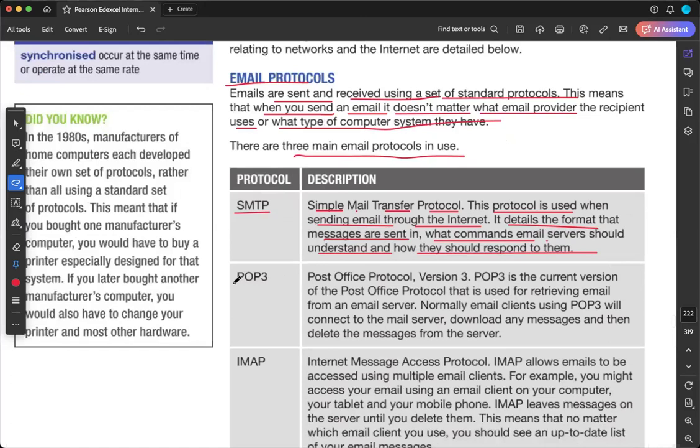Then POP3, Post Office Protocol, version 3. POP3 is the current version of the Post Office Protocol that is used for retrieving, look at the word, retrieving email from an email server. Normally, email clients using POP3 will connect to the mail server.